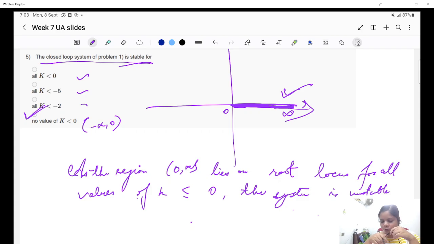It is asking you that given this is the system and given that your k is always negative, is there some value of k in that range minus infinity to 0 for which the system is stable? So when we vary our k from 0 to infinity, we see that for none of the values of k we get the system to be stable. It is always unstable because of our closed loop being very negative.